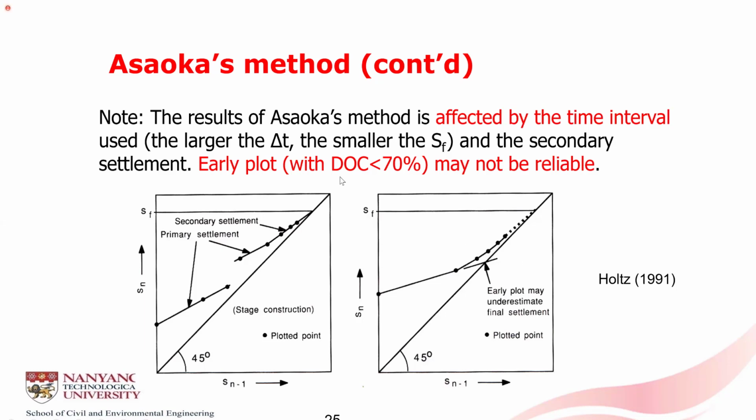And the third is when the degree of consolidation is rather small, let's say less than 70%, then Asaoka's method may not be reliable. And this is understandable because just like weather prediction, predicting the weather in a month is not that reliable as compared to predicting tomorrow's weather.